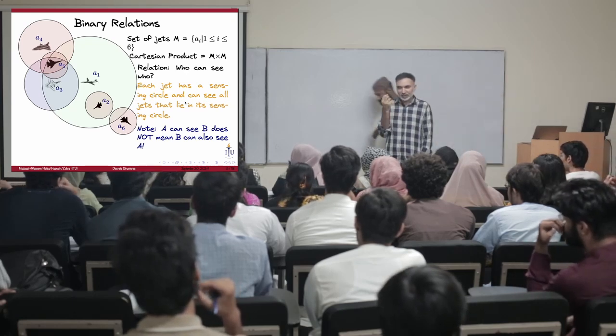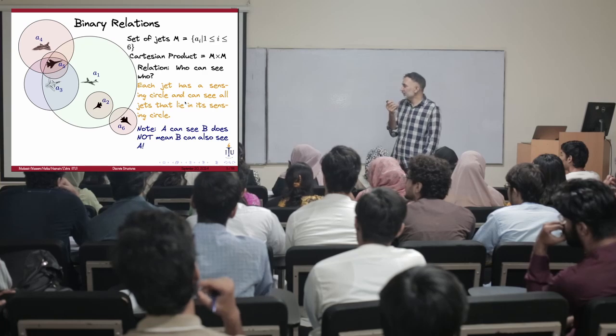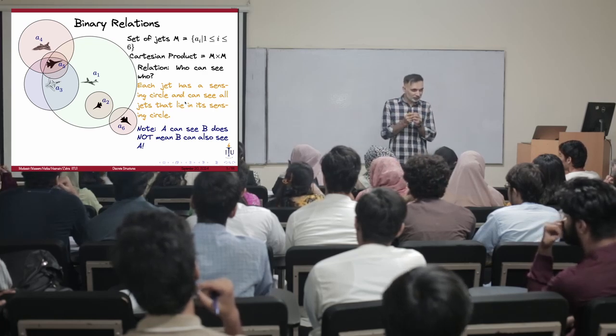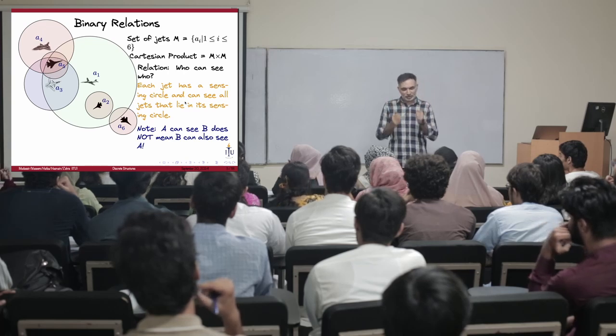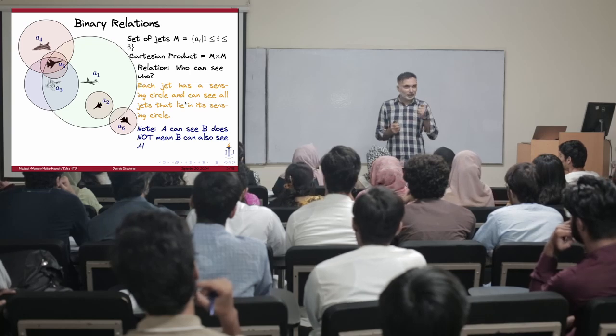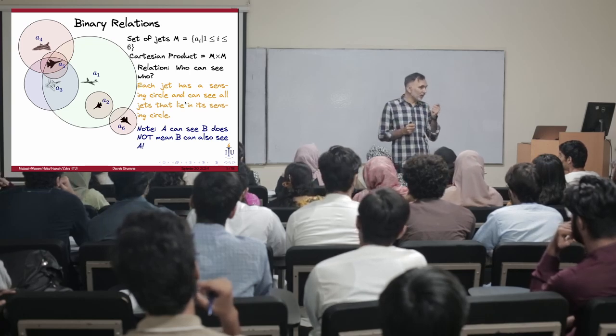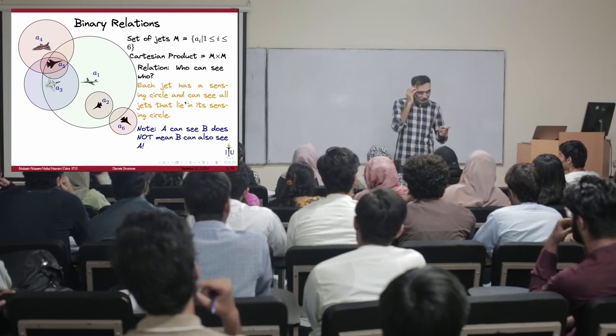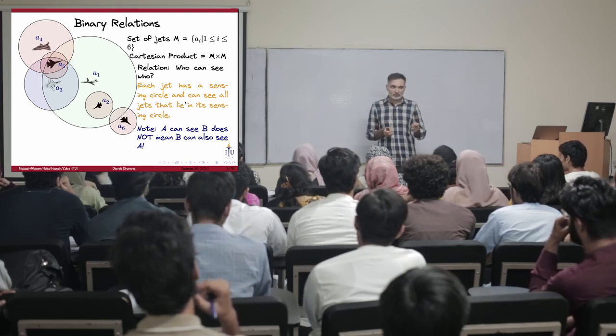If direction were not important, we would be using something else, not the Cartesian product. Remember yesterday I told you that elements of the Cartesian product are tuples, and the order matters in those. The Cartesian product itself is a set, but the members are tuples.